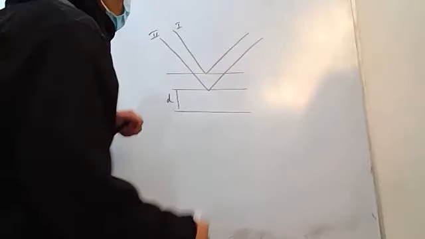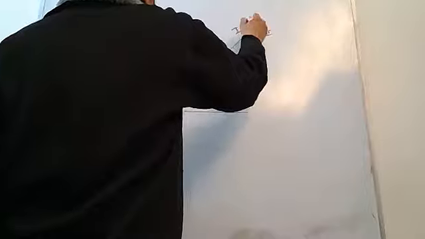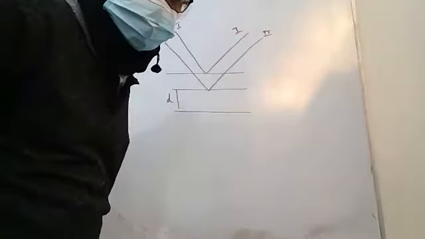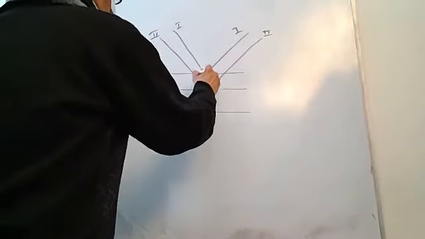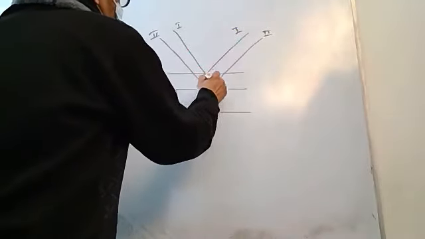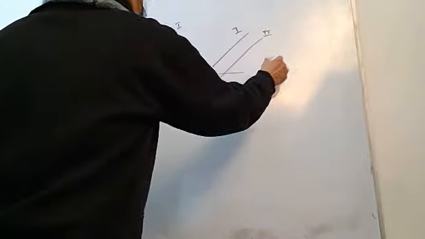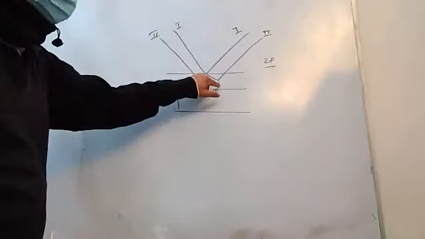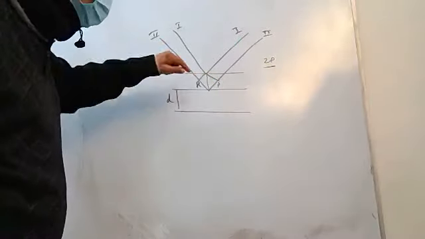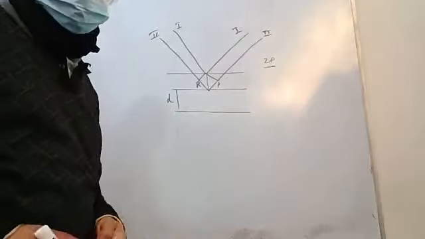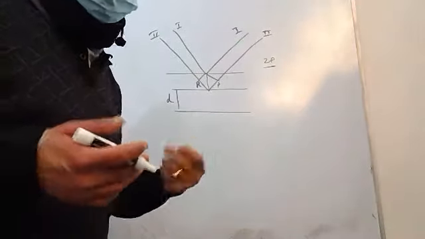Now, for a constructive interference to happen between ray 1 and ray 2, the path difference, as you can see very clearly, ray 2 is traveling an extra distance of, let's say, P and P, 2P. That is the extra distance ray number 2 is traveling. So that's what we call the path difference. That is the difference in the total distance the waves are traveling.